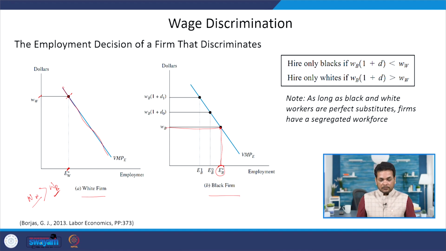Now, if there is some kind of discrimination, let us say the discrimination coefficient is D0, then the firm is going to hire E0B workers at the wage rate WB(1 plus D0). If the discrimination coefficient is D1, the firm is going to hire E1B workers at the wage rate WB(1 plus D1). So, as the discrimination coefficient goes on increasing, the firm is going to hire fewer and fewer black workers.